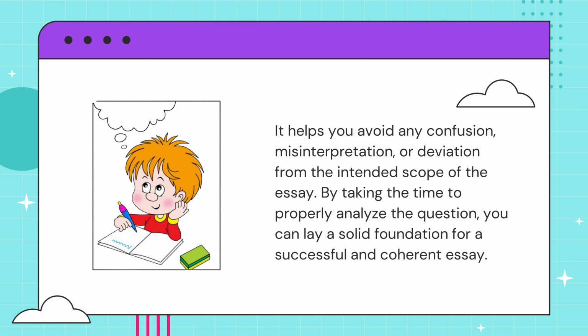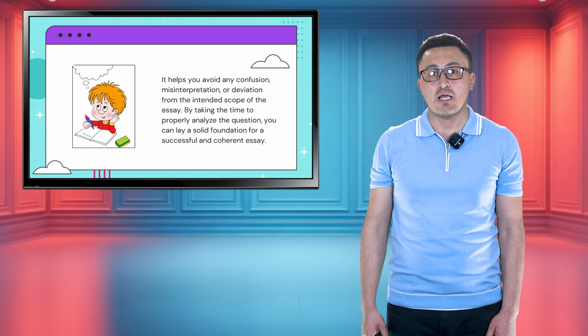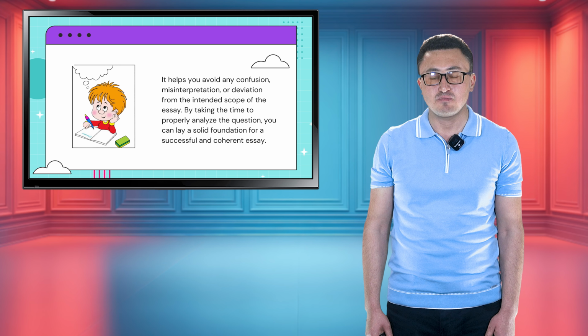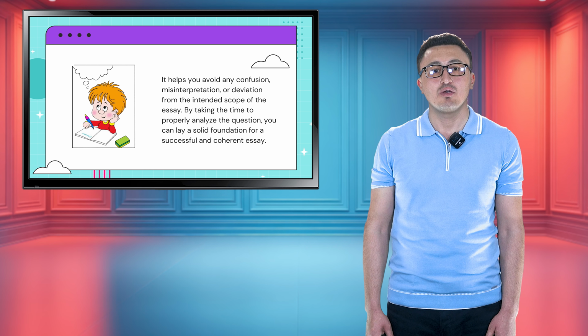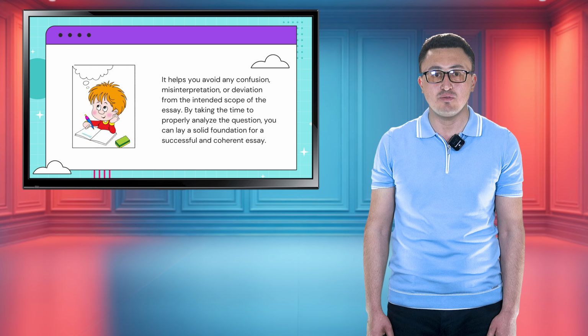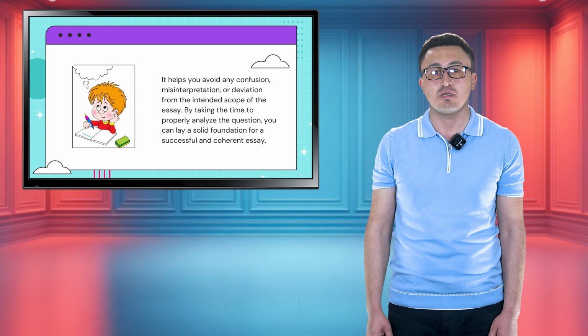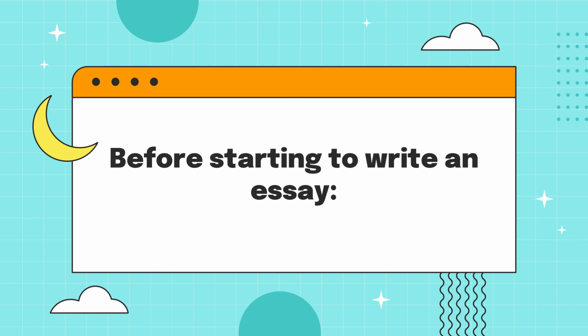It helps you to avoid any confusion, misinterpretation, or deviation from the intended scope of the essay. By taking the time to properly analyze the question, you can lay a solid foundation for a successful and coherent essay.